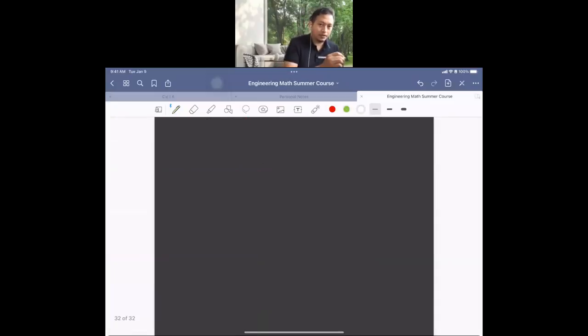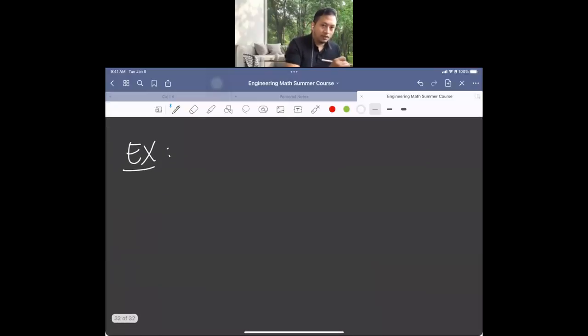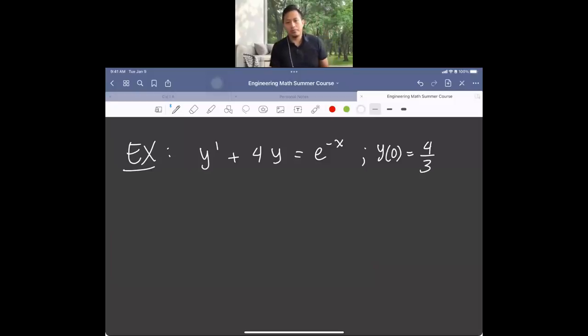Okay, let's go to our first example. y prime plus 4y equals e to the power of negative x, with the initial value that when x equals 0, y equals 4 over 3.